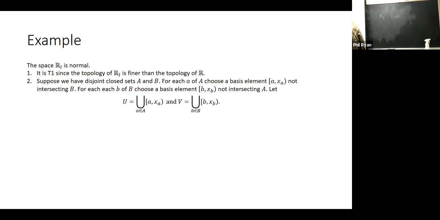Wait, so why can we do that? A and B are closed, so the complement is open. So we just don't want it to intersect B. Okay. Right. So we can do that because not intersecting B is open.